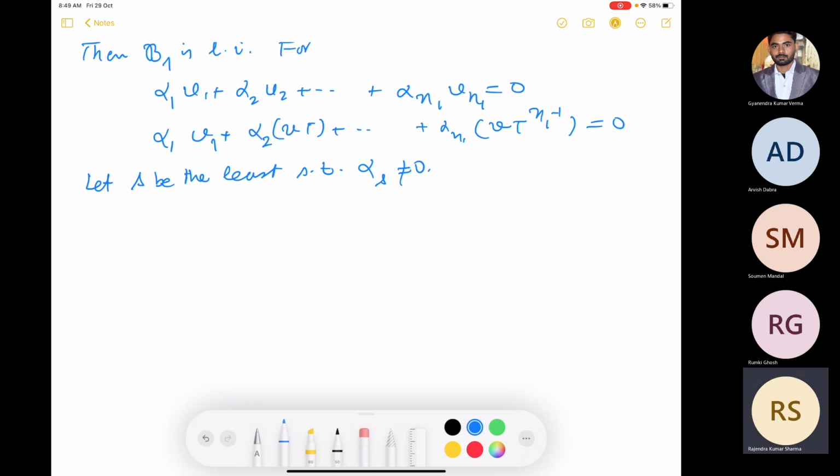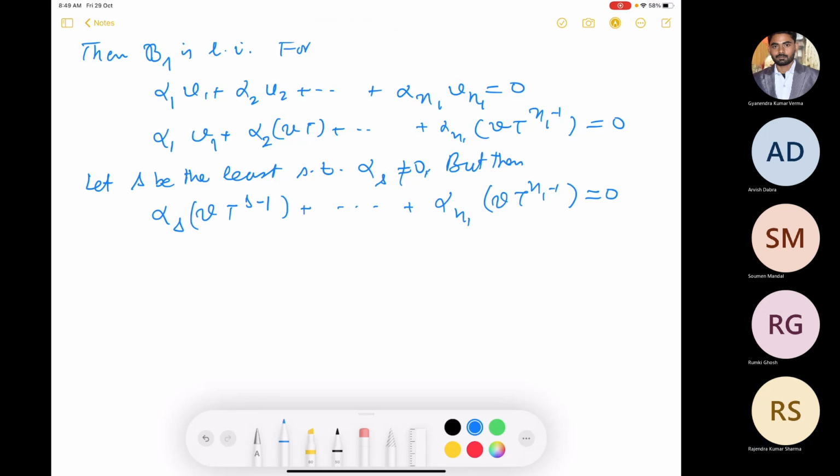In that case, this linear combination reduces to the first term itself beginning from s: alpha s v t^(s-1), and alpha s plus 1, and so on, up to alpha n1 v t^(n1-1), and this will be 0, because alpha 1, alpha 2, up to alpha s minus 1, all of them are 0.